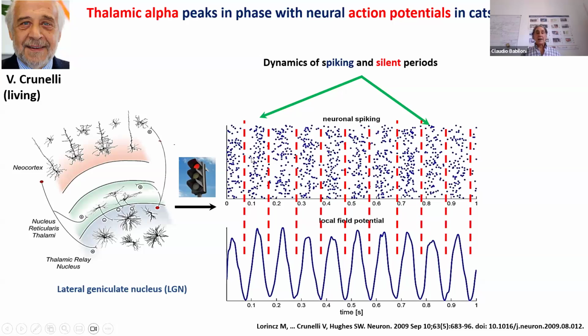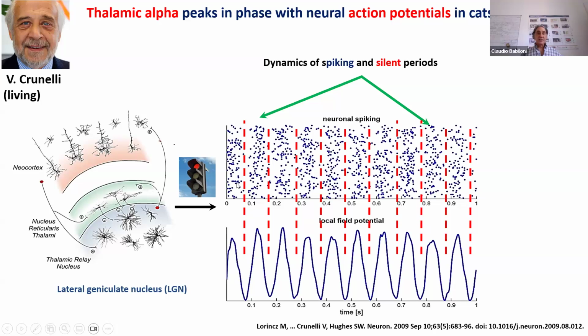So a very clear rhythmic activity of these high threshold thalamocortical neurons, and in strict relation with the periods of high intense activity of these neurons, you have the peaks of local field potentials at alpha frequency.